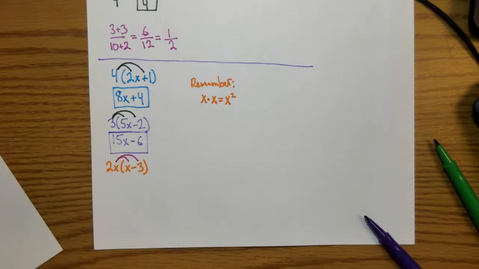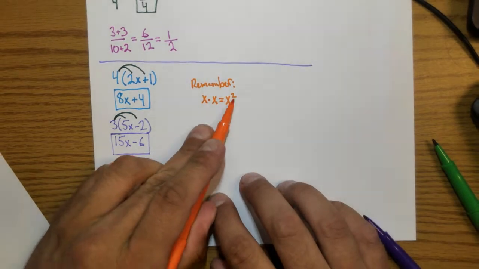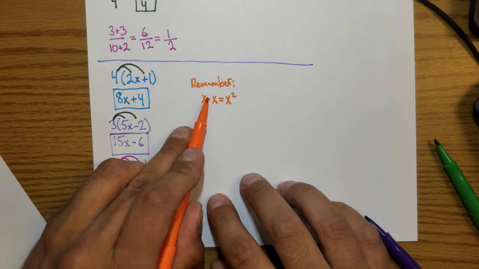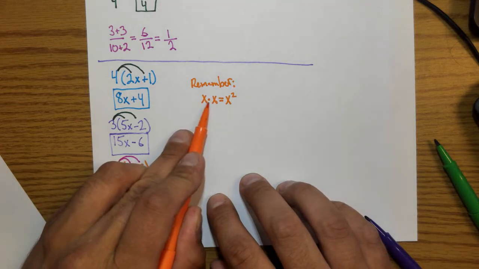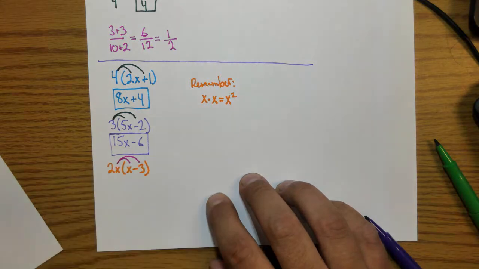Now, why is that? Well, when we multiply variables together with exponents, now I know these don't have exponents. Exponents are these small little numbers up on top. When we don't have exponents, we just assume them to be 1. So when we multiply variables together with exponents, we add the exponents.